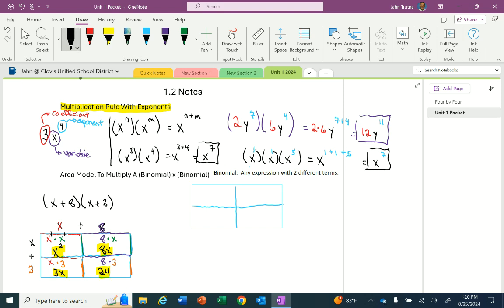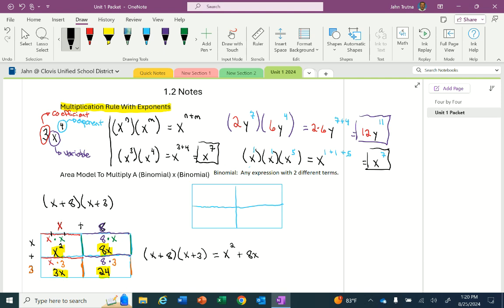So what this tells us is that when I take the binomial x plus 8 and multiply it with the binomial x plus 3, it is equal to the result of all 4 of these rectangles, okay? So it's equal to x squared. And then I have a positive 8x, so I put plus 8x.